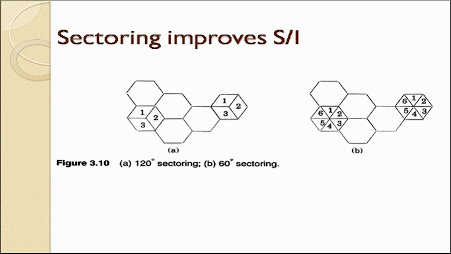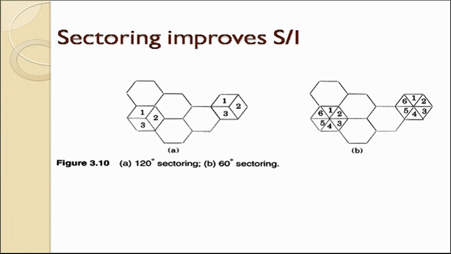And the next one, for 60 degree sectoring, the overall 360 degree area will be divided into 6 parts: 1, 2, 3, 4, 5, 6. 360 divided by 60, the value is 6. So with 60 degree sectoring the overall cell will be divided into 6 parts. The area covered by each directional antenna is called a section or sector.